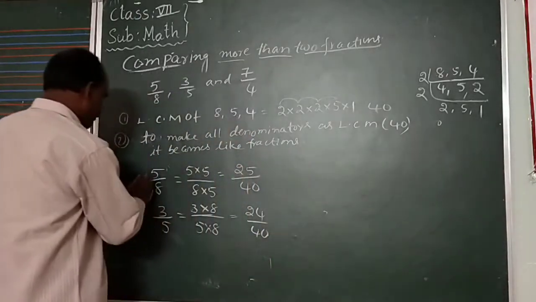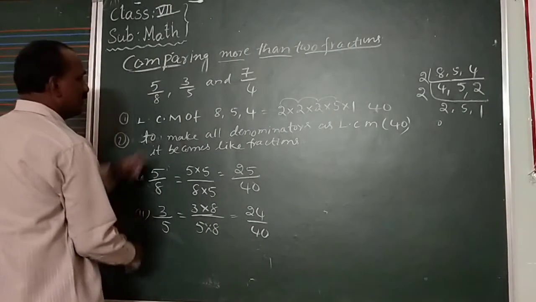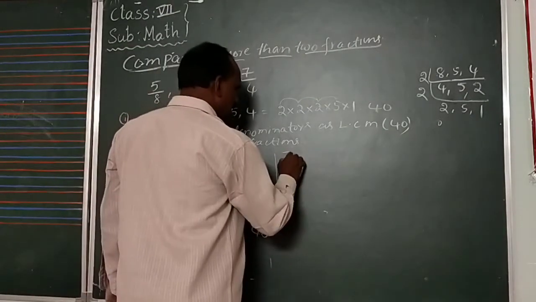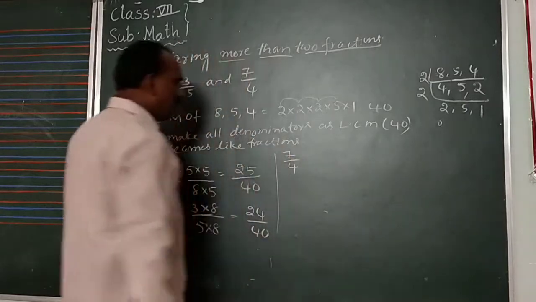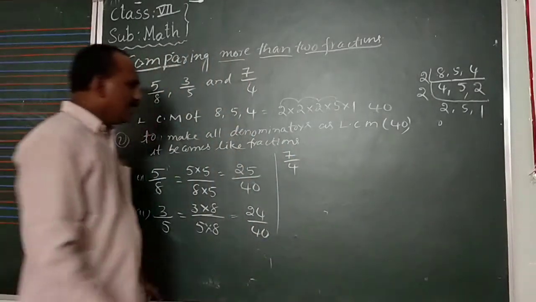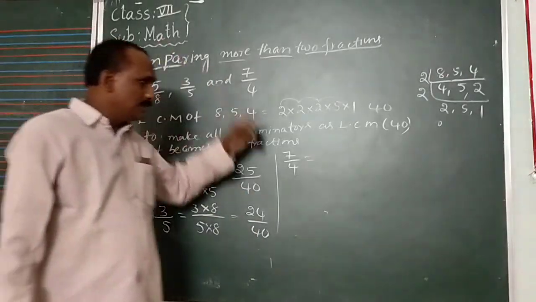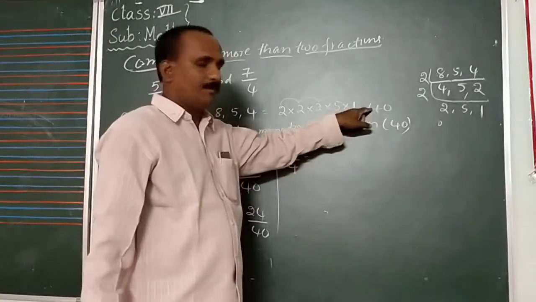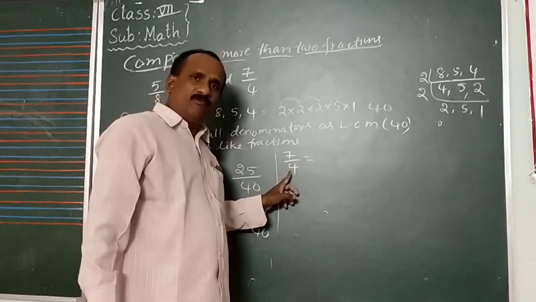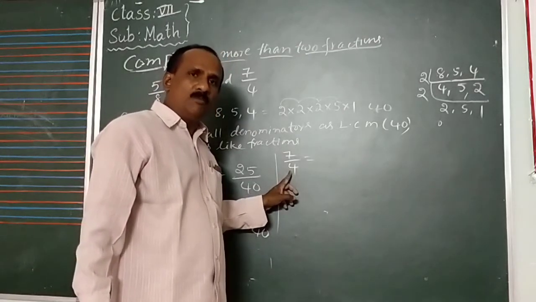Next, the third one, 7 by 4. What is the denominator here? 4. It should be made 40. If you want to make 4 into 40, what number should multiply with 4?